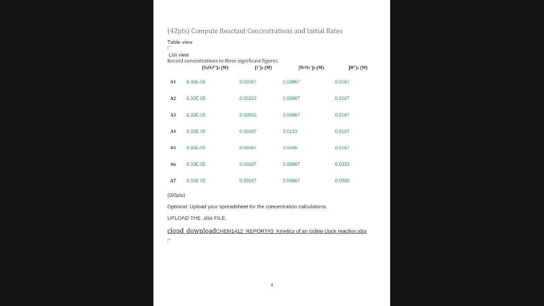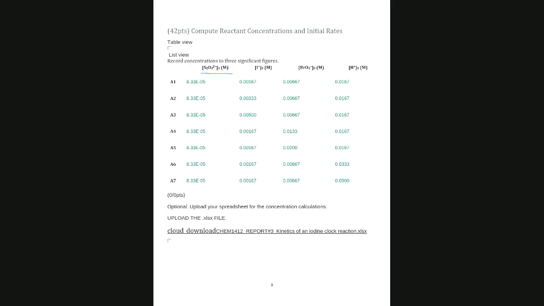Then you know that the initial concentration of the thiosulfate is going to be used only for calculating the initial rate, only. And the rest is going to be used to calculate A, B, and C.